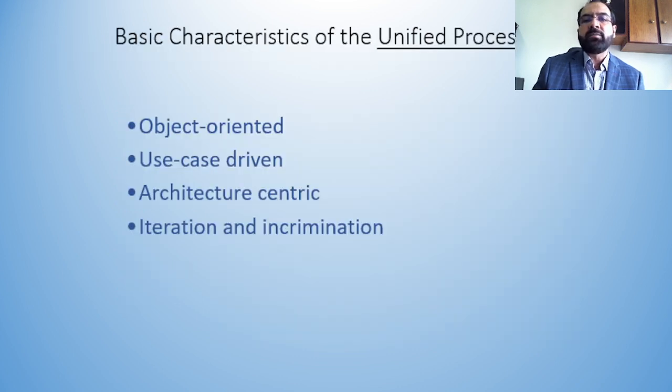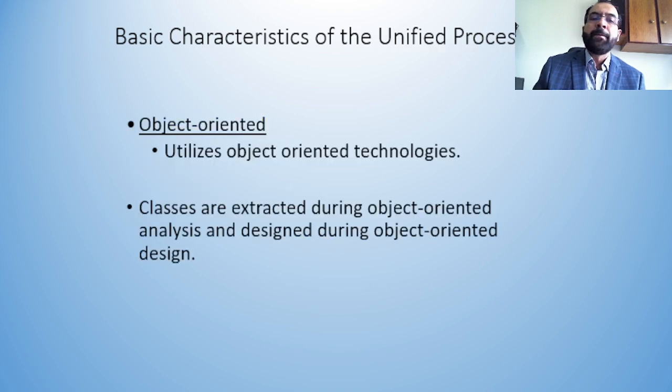Basic characteristics of the unified process include that it is object-oriented, use-case-driven, architecture-centric, and uses an iterative and incremental approach. So object-oriented, yes, it utilizes object-oriented technologies, methodologies, and principles. So classes are extracted during object-oriented analysis and designed during object-oriented design.